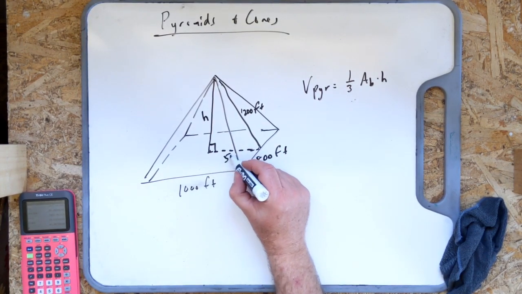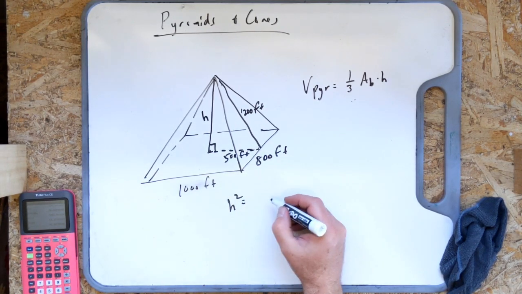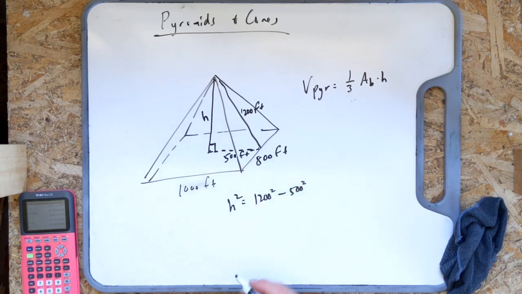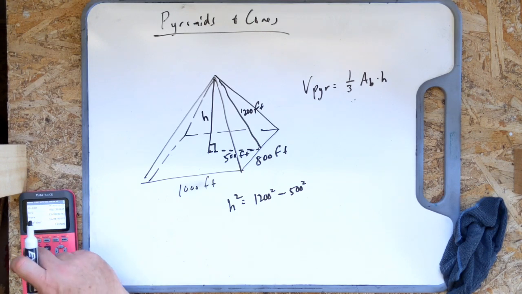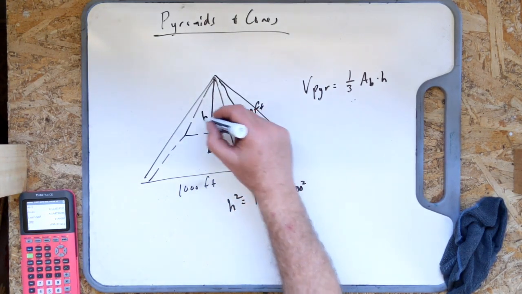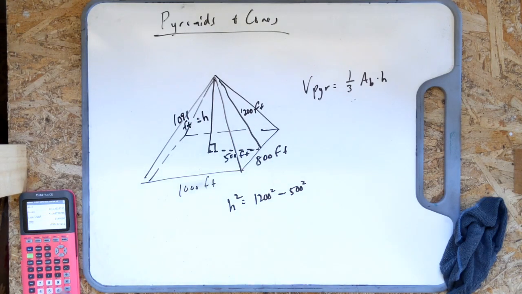So this will make this 500. And then h squared will be 1,200 squared minus 500 squared using the Pythagorean theorem. Square root of that, 1,200 squared minus 500 squared, and then square root of that. 1,091 feet, rounded.